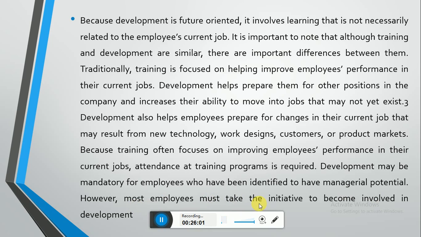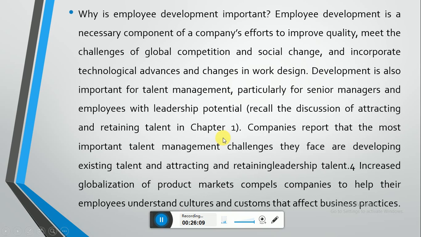However, most employees must take the initiative to become involved in development. So why is employee development important? That's a question you need to ask yourself. Why are companies investing millions of dollars in their employees' development programs?